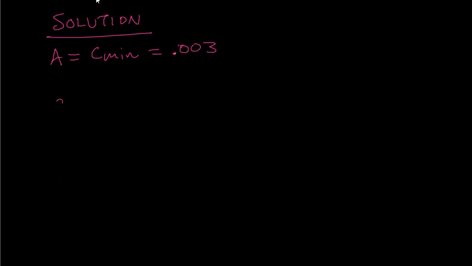So the hole diameter, and that's going to be the design size plus the allowance, and this is going to equal 1.500 plus 0.003, and that's now 1.503. So we've done pretty well here so far.